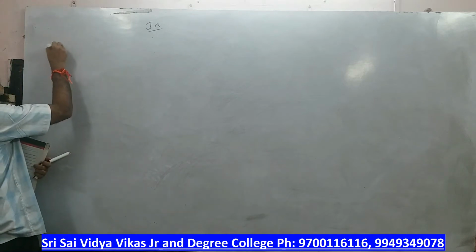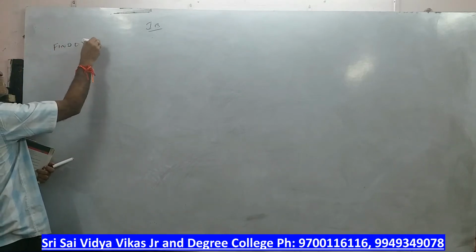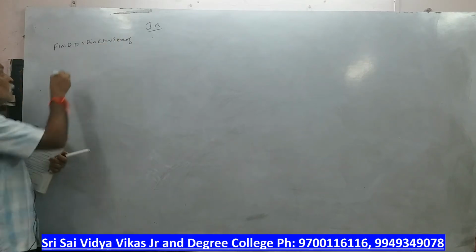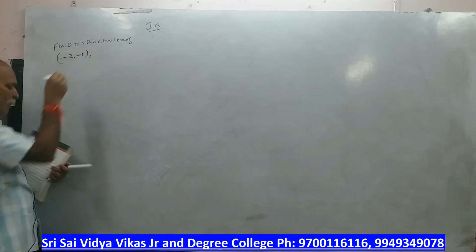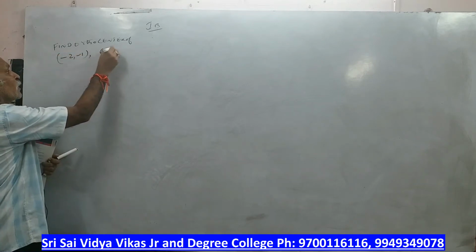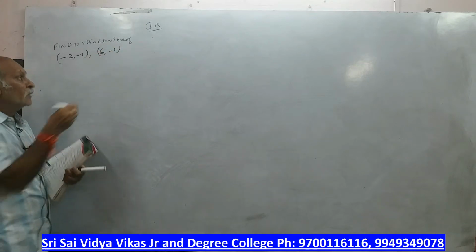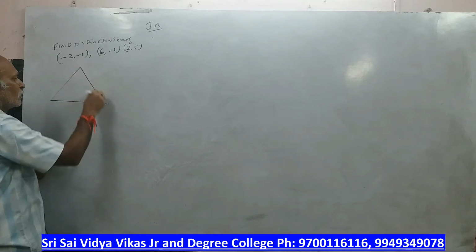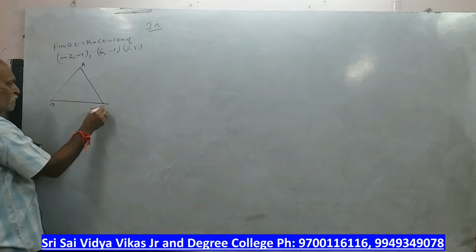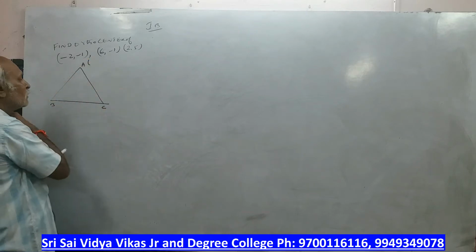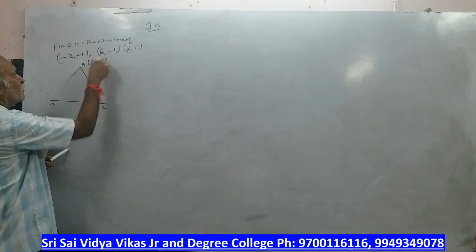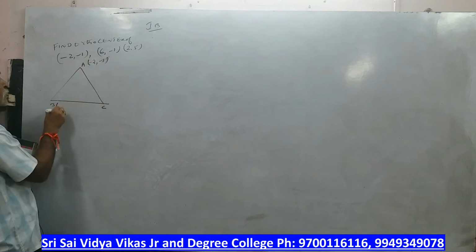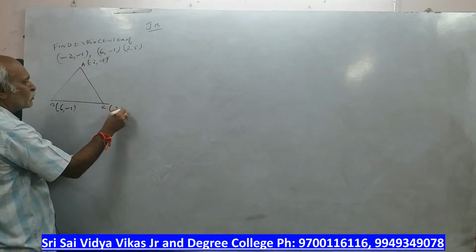Find the orthocenter of A, B, C. A point is (-2, -1), B point is (6, -1), C point is (2, 5).